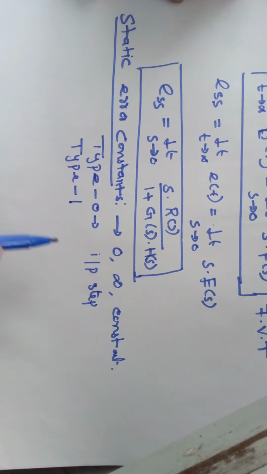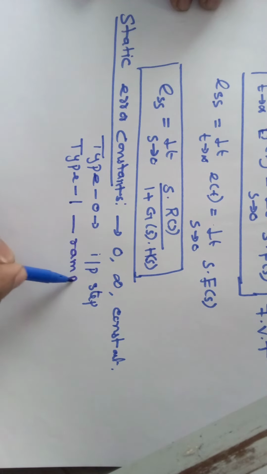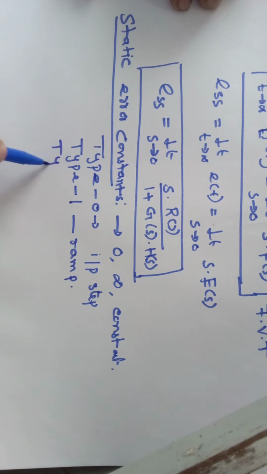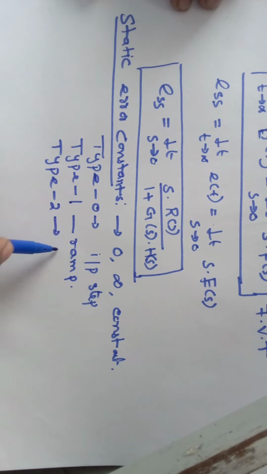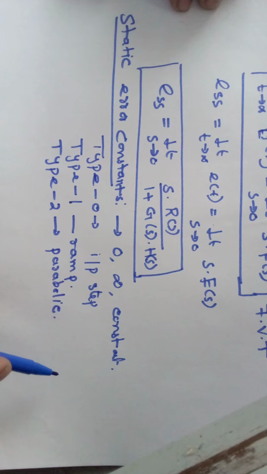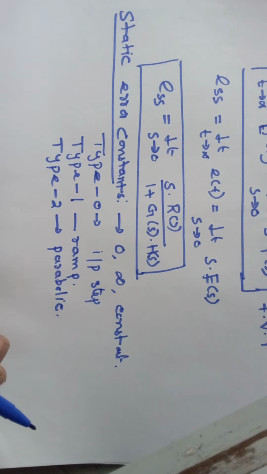It will have a constant steady state error when the input signal is a ramp signal. Similarly, a type 2 system will have a constant steady state error when the input signal is a parabolic signal, or acceleration signal.